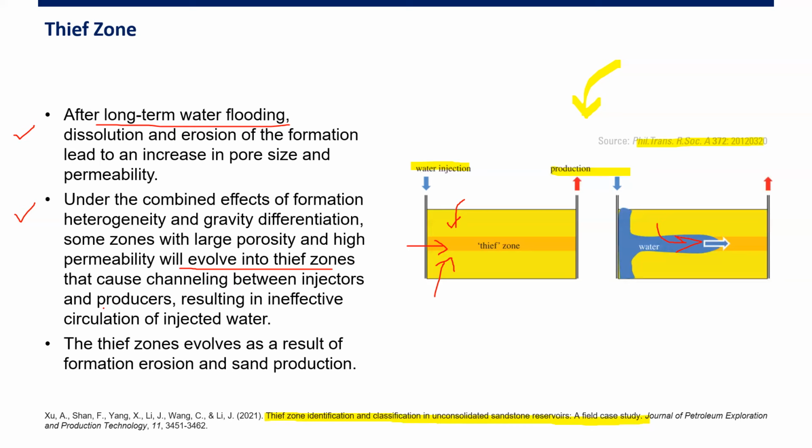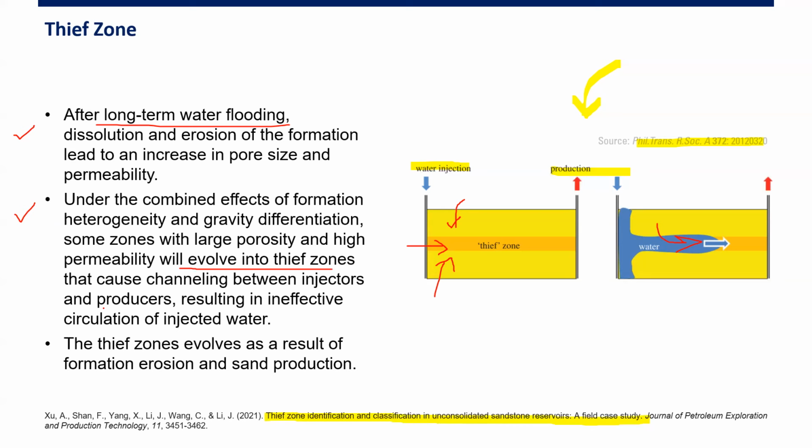All right, so we have initially high heterogeneity, and it will also be supported by the gravity differentiation. So zones with large porosity and high permeability will evolve into thief zones.